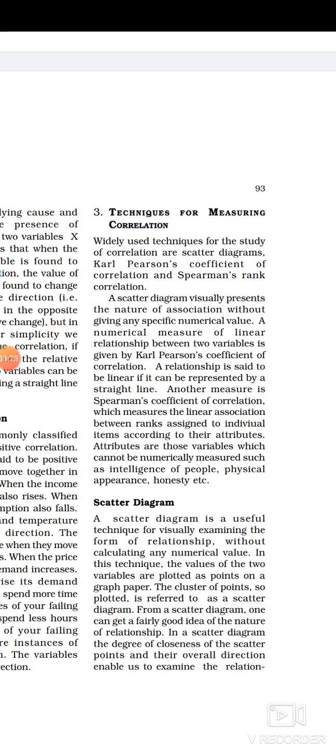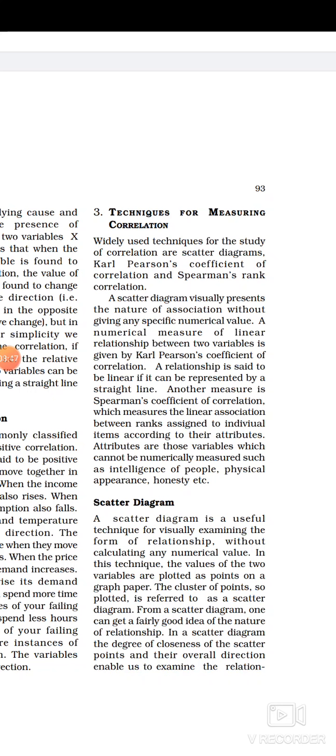A scatter diagram is a technique to visually examine the form of relationship without calculating any numerical value. In this technique, the values of two variables are plotted as points on graph paper.